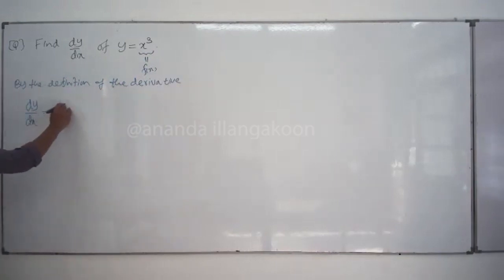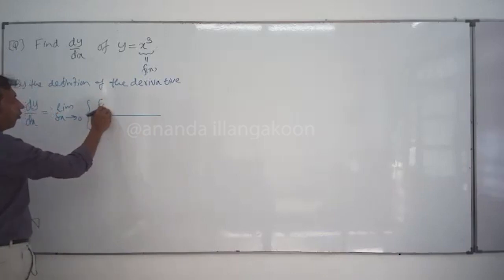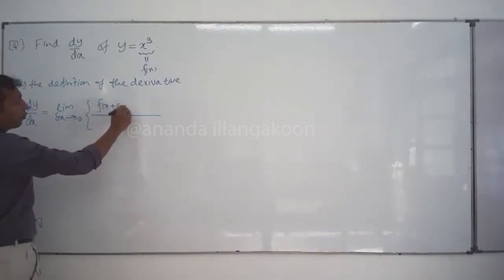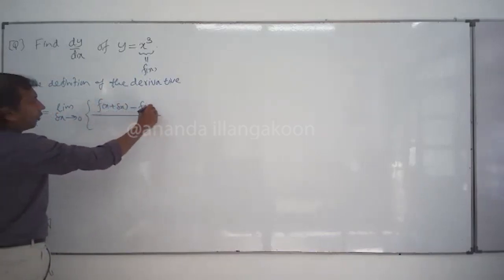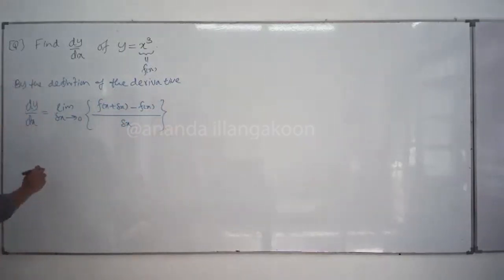It is equal to limit delta x going to 0 of [f(x + delta x) - f(x)] divided by delta x like this. Now dy by dx equals limit delta x going to 0.